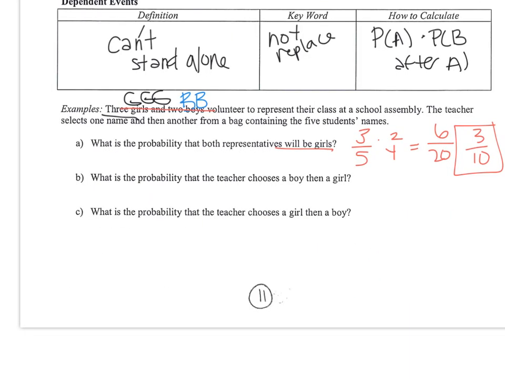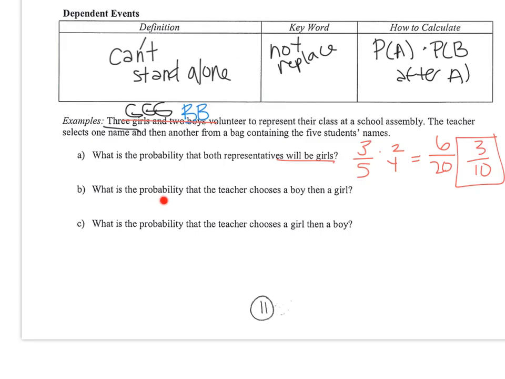What is the probability that the teacher chooses a boy then a girl? So probability of a boy is 2/5. Now one of these boys is gone. Now what's the probability of getting a girl? It's 3/4. So it's 6/20, which is 3/10.